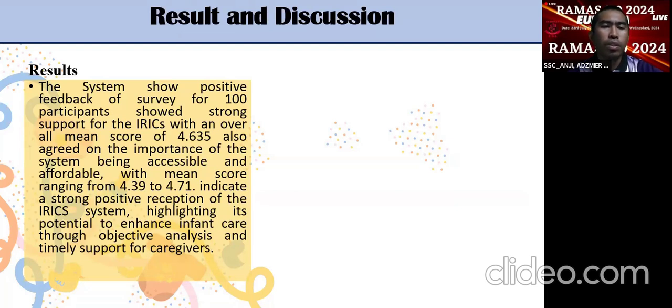They also agreed on the importance of the system being accessible and affordable, with mean scores ranging from 4.39 to 4.71. This indicates a strong positive reception of identifying reason for infant cry, highlighting its potential to enhance infant care through objective analysis and timely support for caregivers, and also for individual parents who are dealing with their infant and cannot understand why their infant is crying.